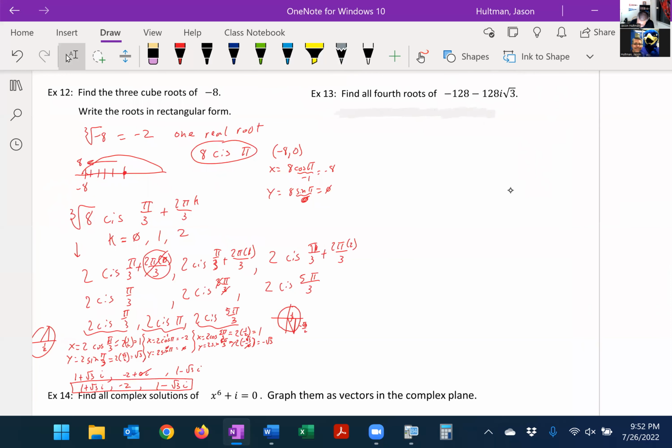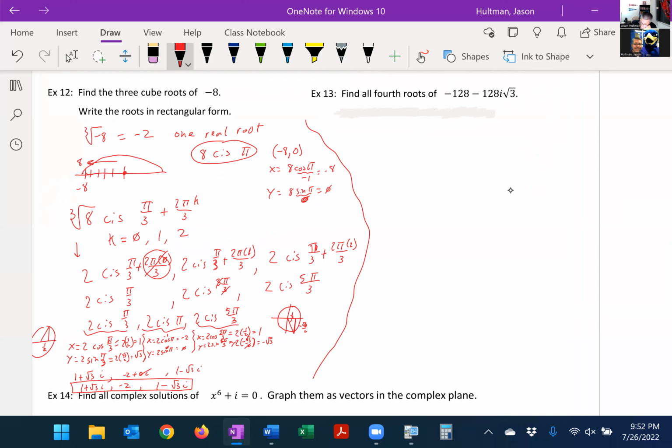Okay, let's look at the next example here. It says find all 4th roots of this guy. Okay, so all 4th roots. This is in rectangular form.